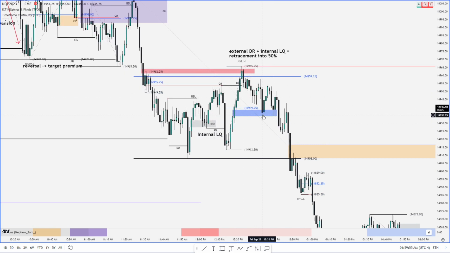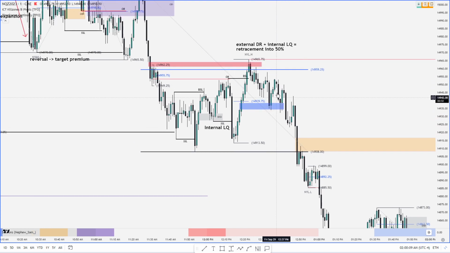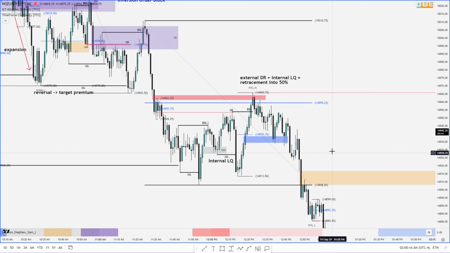Wait, no, retracement into here. How does it lead to expansion? I mean, expanded lower, but wouldn't you expect an expansion higher? But we got a retracement to expansion.